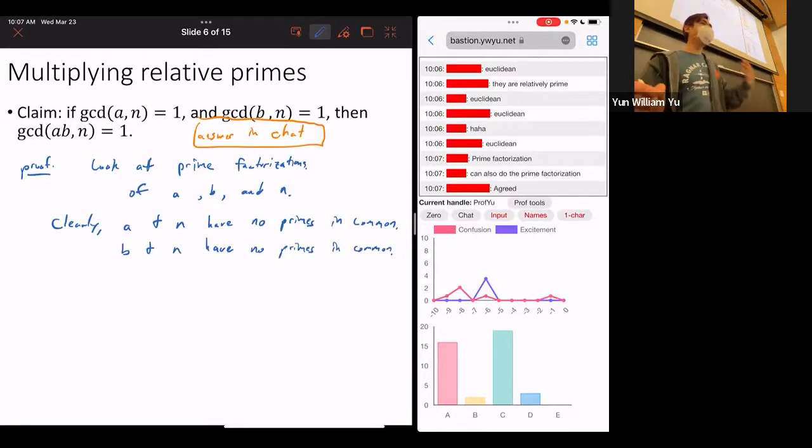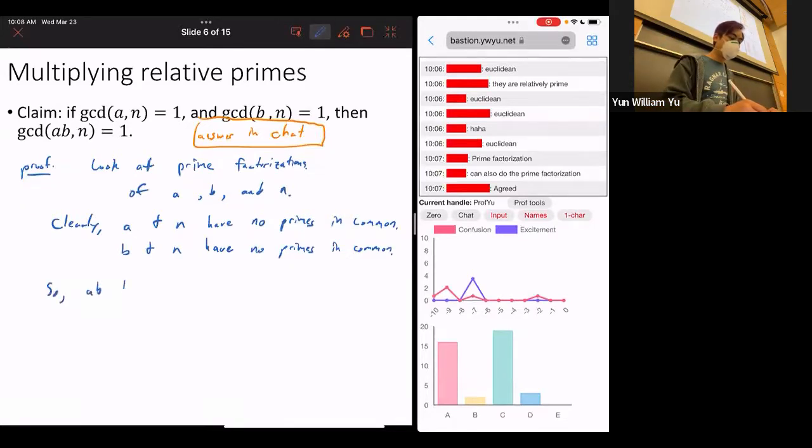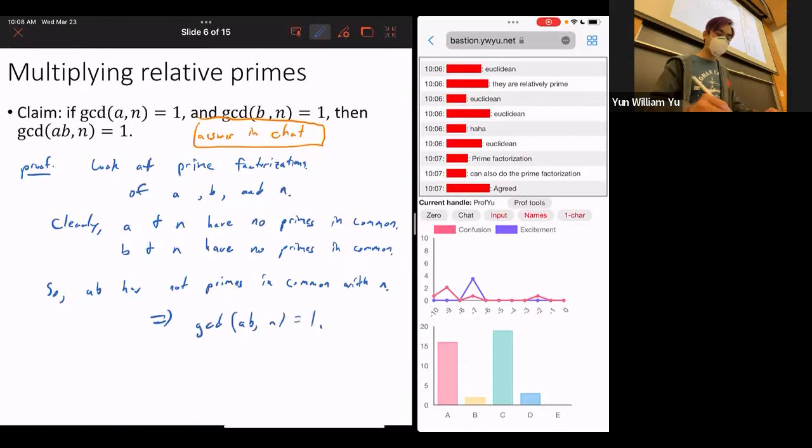Okay, so if both of those have no primes in common, well, then when you multiply them together, you don't generate new primes. Those are basic multiplicative building blocks. So AB has no primes in common with N, which implies that the greatest common divisor of AB and N is equal to 1.